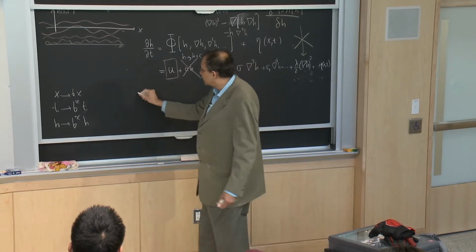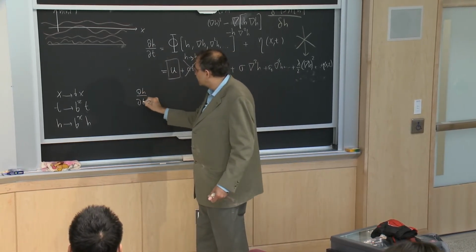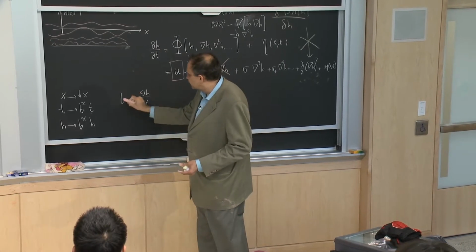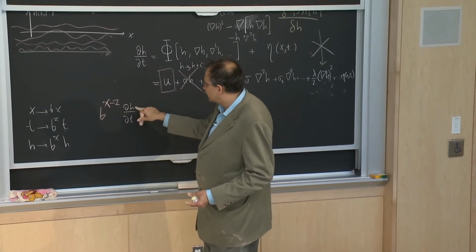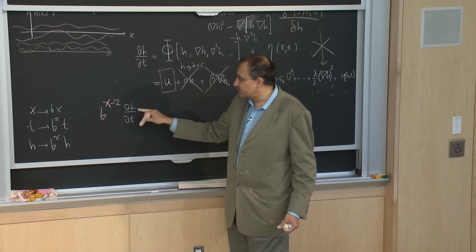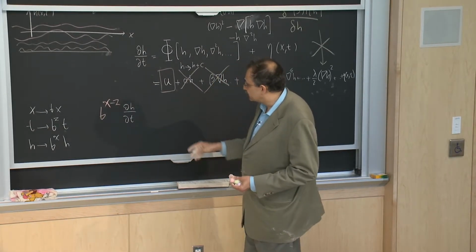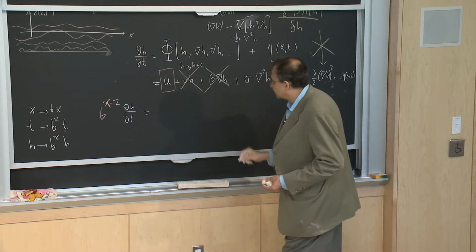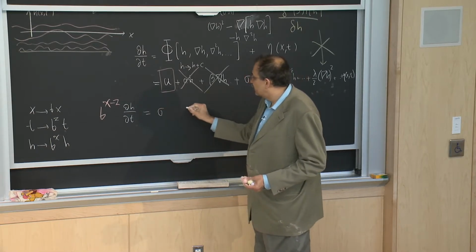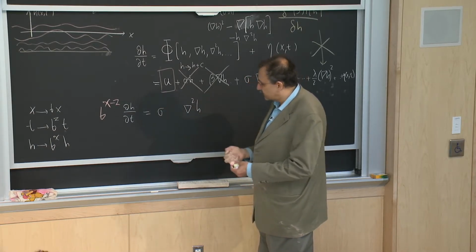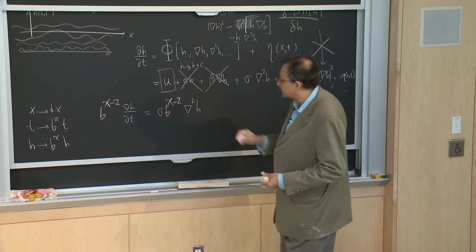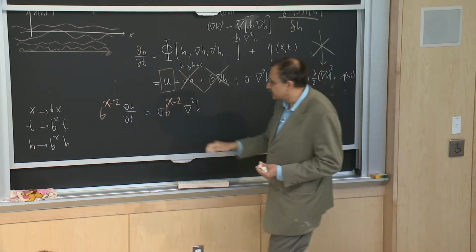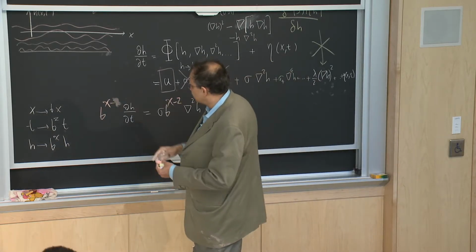And then I would say that the first equation, dh by dt, gets a factor of b to the chi minus z, because h scaled by a factor of chi, t scaled by a factor of z. The term sigma Laplacian of h gets a factor of b to the chi minus 2 from the 2 derivatives here. Sorry, the z and the 2 look kind of the same.